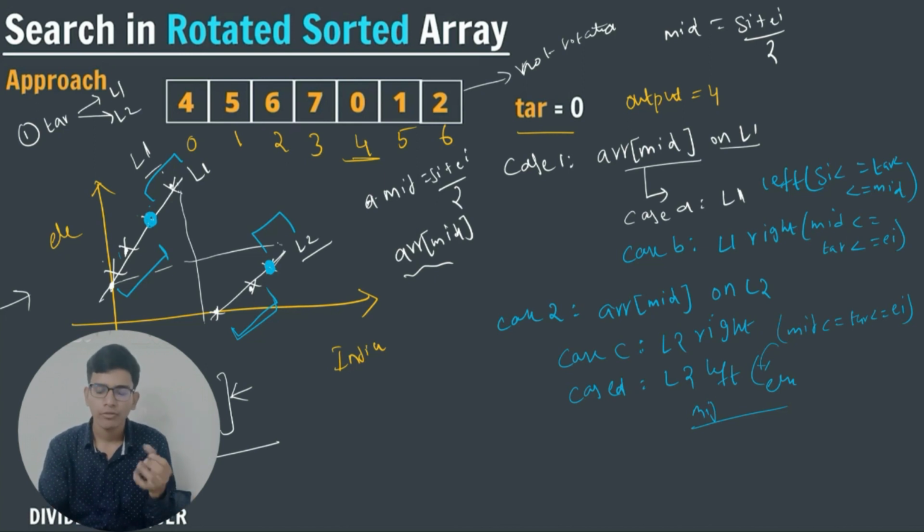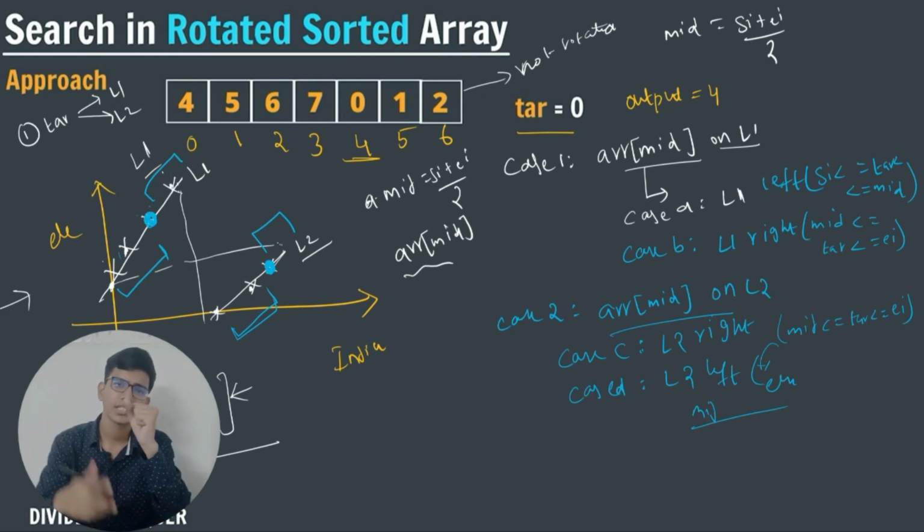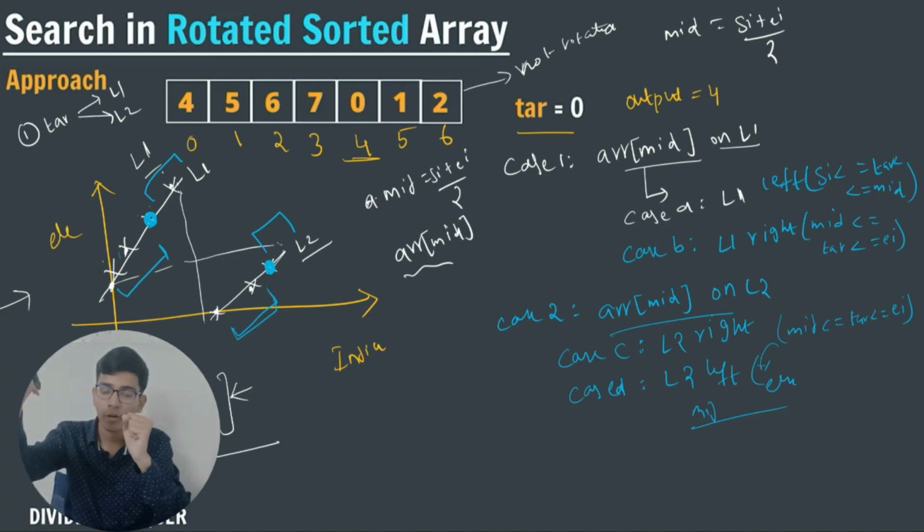If you understood the concept, in case 1 we'll check whether our mid lies on the first line. If it is lying on the first line, then we'll check with the starting index whether the target is on the left side of line 1 or on the right side of line 1. Similarly, if our middle element lies on line 2, then we'll check whether our target is greater than our mid value. If it is, then it will lie on the right side.